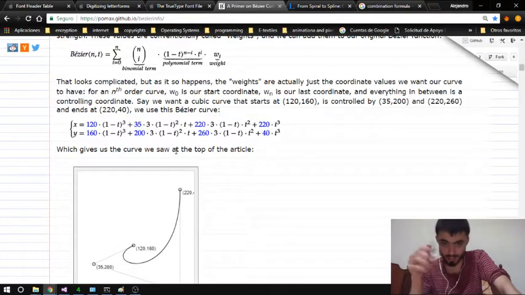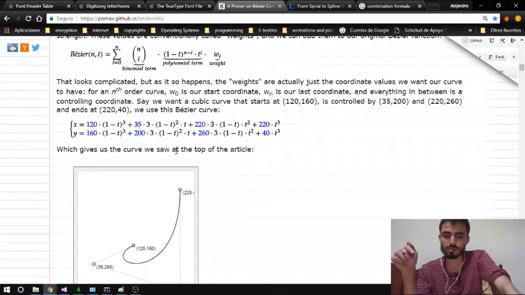Because if we add a whole term, imagine a vector.